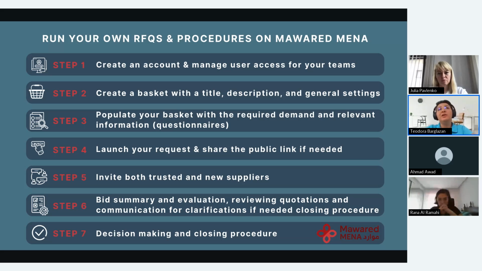So the Mawared MENA platform allows you to make both informed but also objective decisions based on the defined criteria. What's also important is that it documents in real time, with timestamps, all the decision making that you're doing.